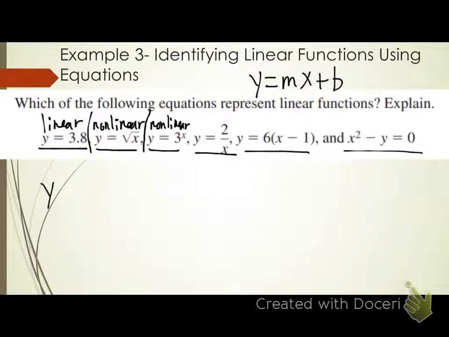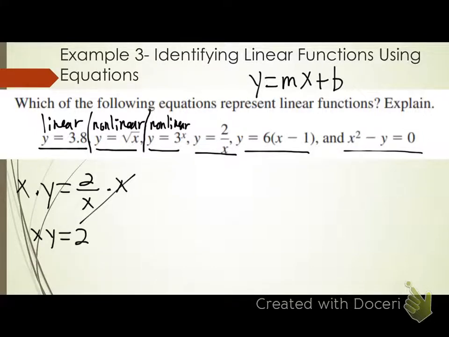Okay, now we've got y equals 2 over x. I've got x in the denominator here. Let's try to get x out of the denominator. How would I do that? Yeah, multiply by x on both sides. That'd give me xy equals 2.